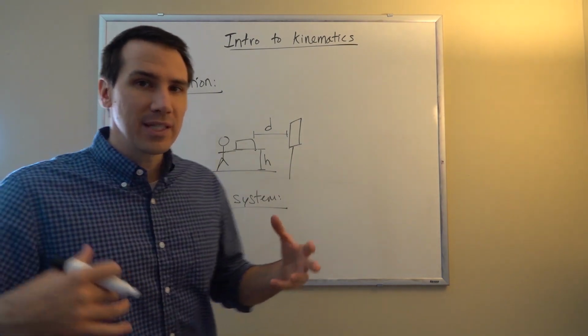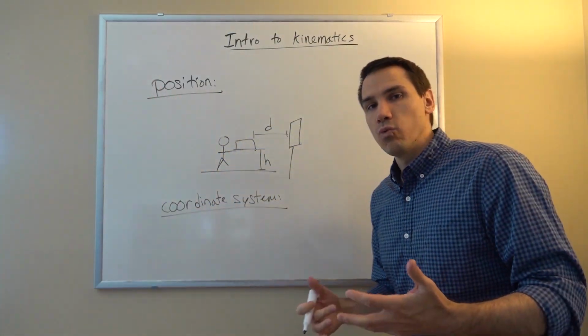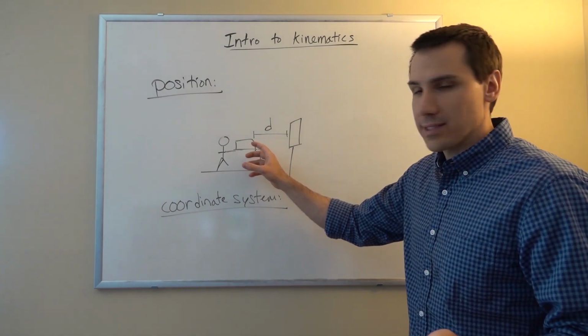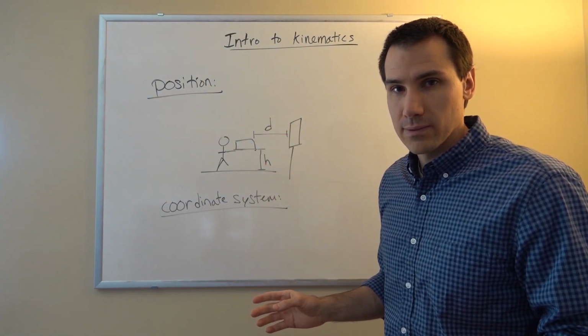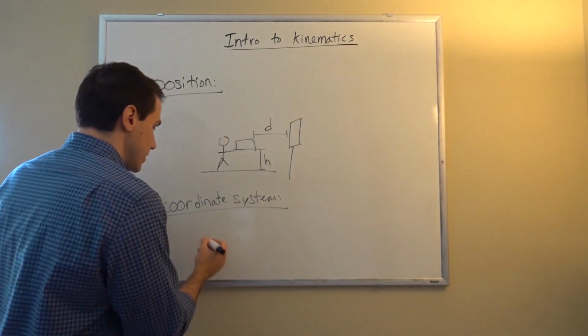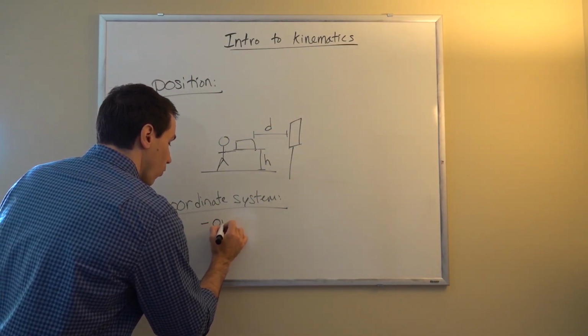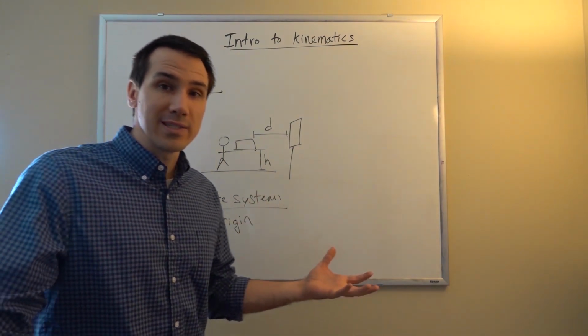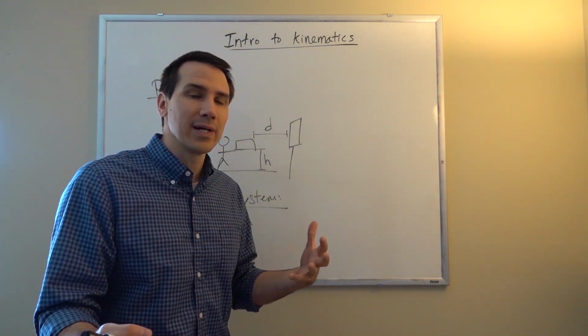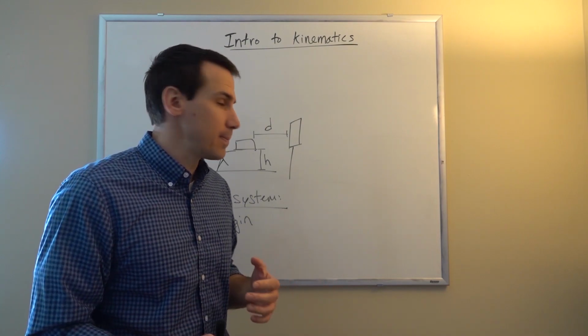A coordinate system gives us the reference points where we can locate an object in space relative to the things around it, right? So our coordinate system needs some kind of an origin, right? Someplace that we call position 0, and we measure all of our heights and distances from that position.